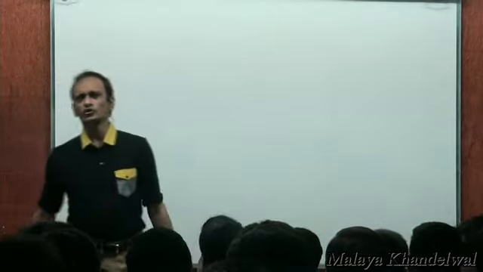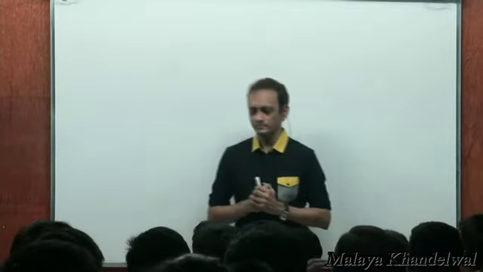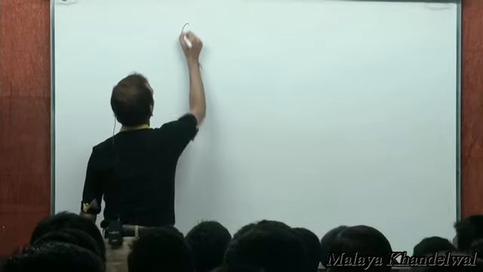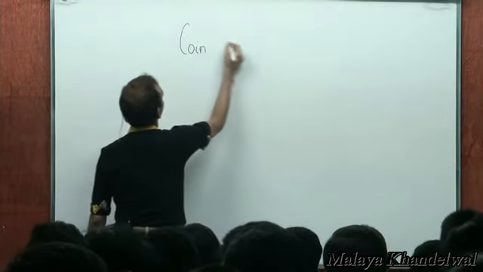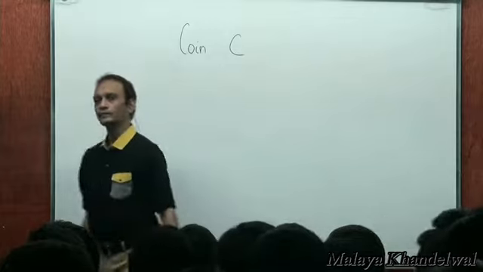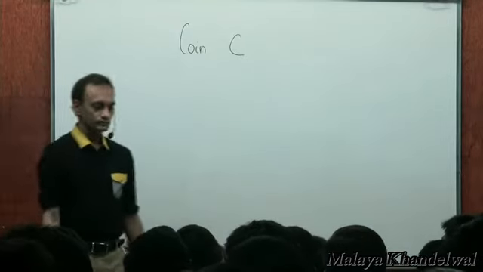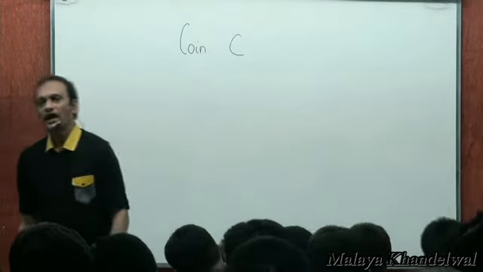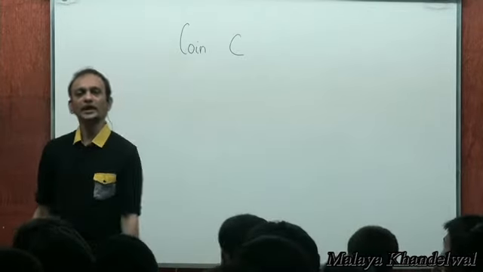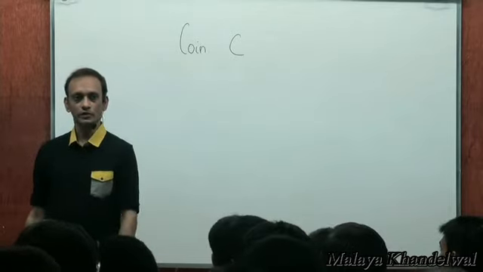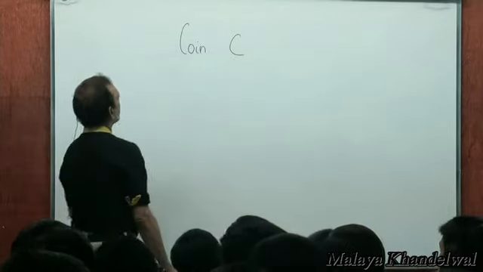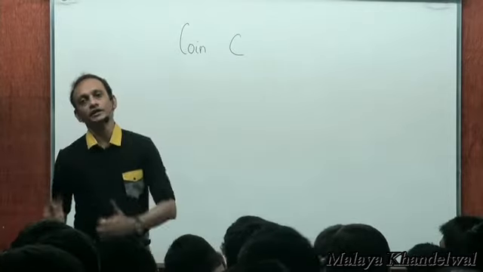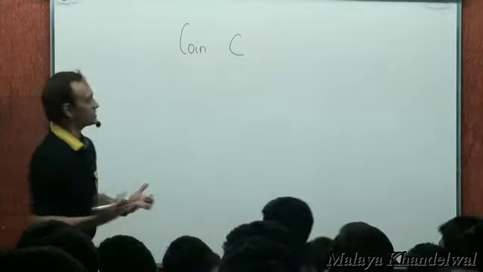Now, just to illustrate something very simple. Suppose I had a coin, call it C, and I toss that coin. If I toss that coin, what are the various possibilities?